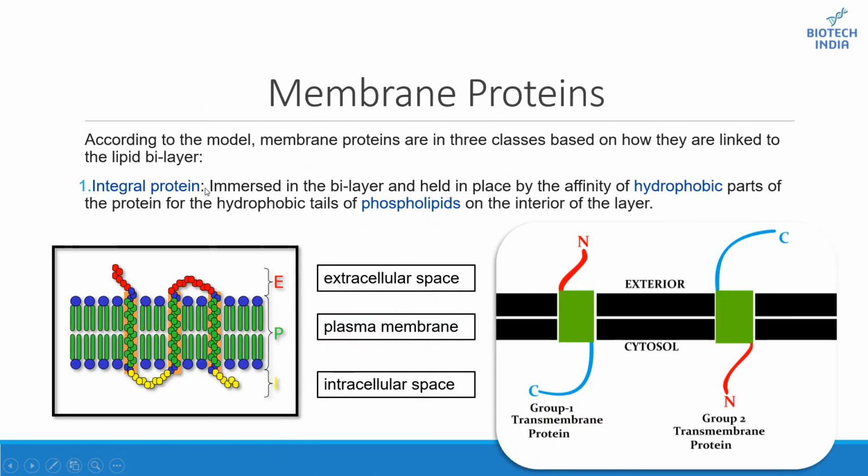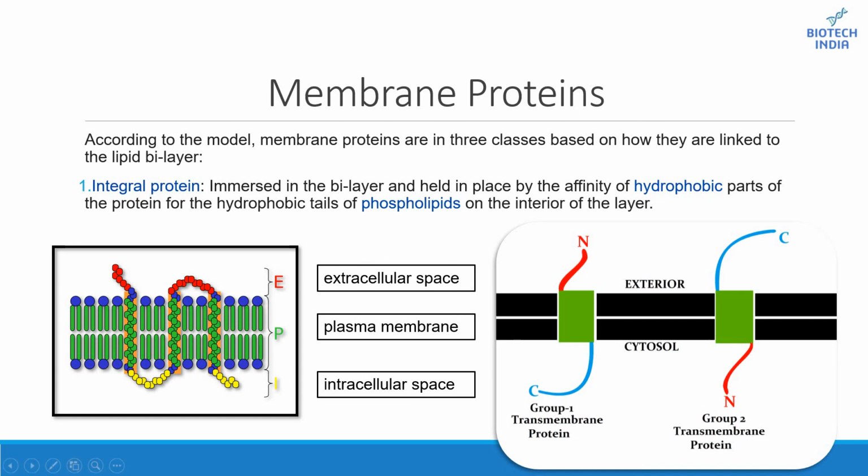Coming to different types of membrane protein, first are integral proteins, which are immersed in bilayer and held in place by affinity of hydrophobic parts of the protein and hydrophobic tails of phospholipids on the interior of the layer. So they are permanently embedded in plasma membrane.